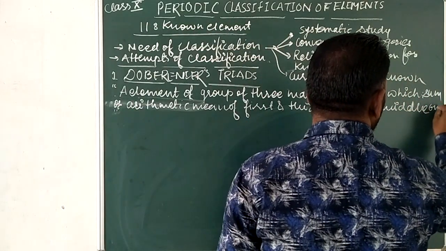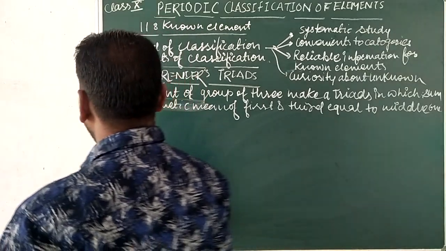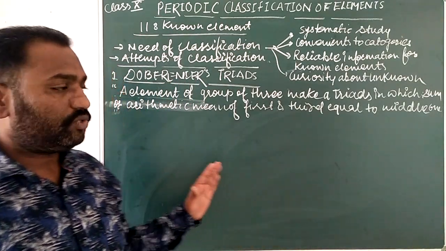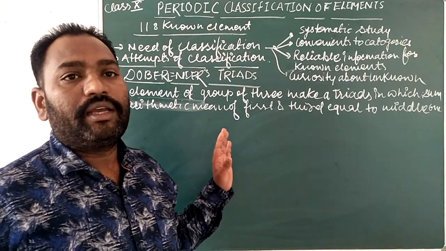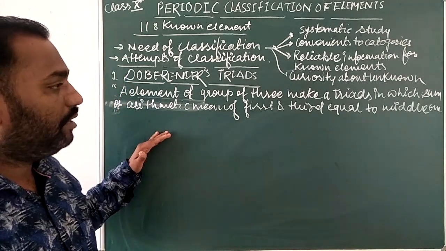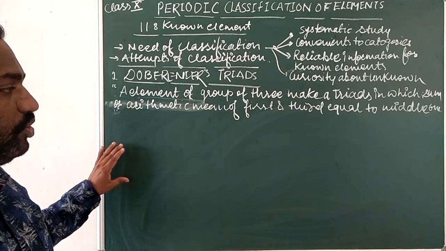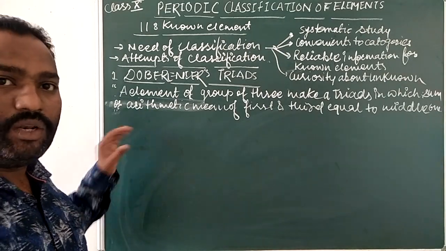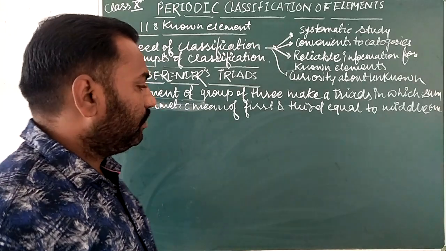This is the statement. That means the elements are classified in such a way that in a group of three elements, the arithmetic mean of the first one and the third one is equal to the middle one.